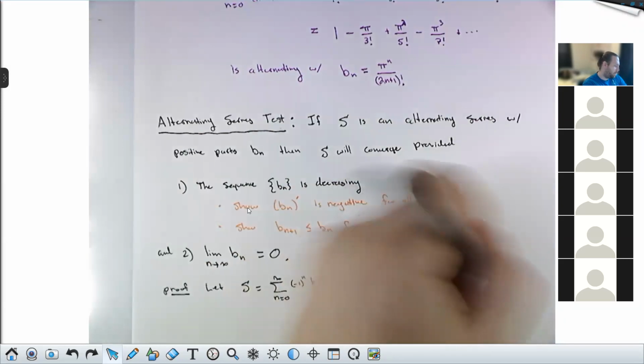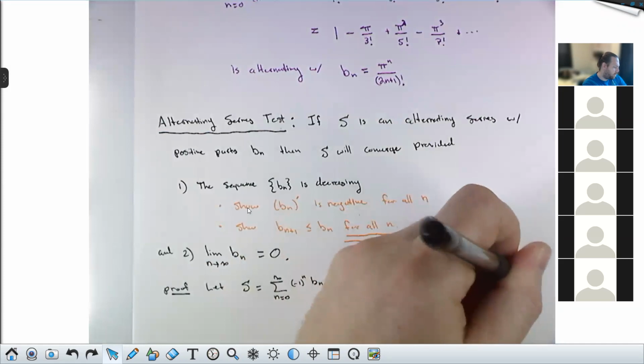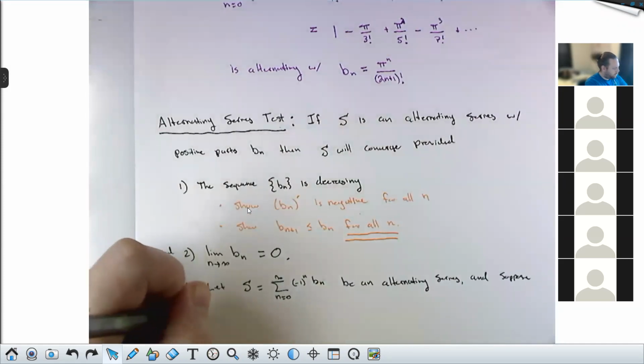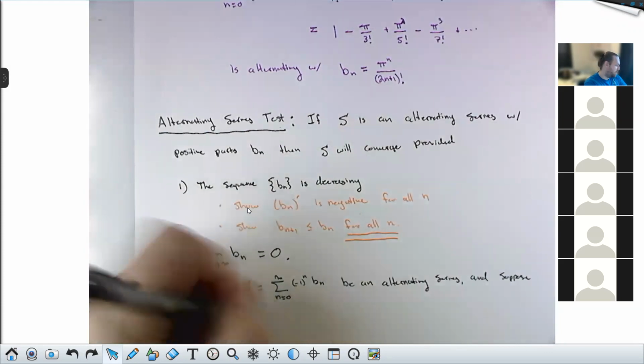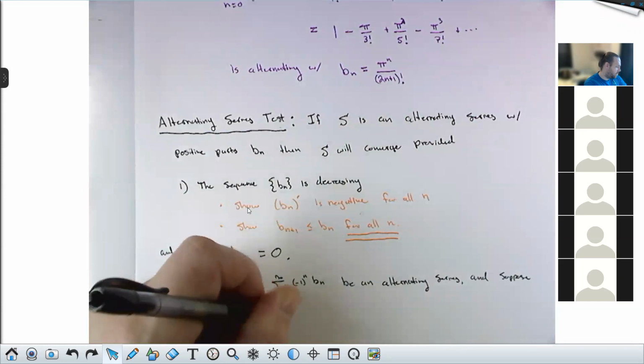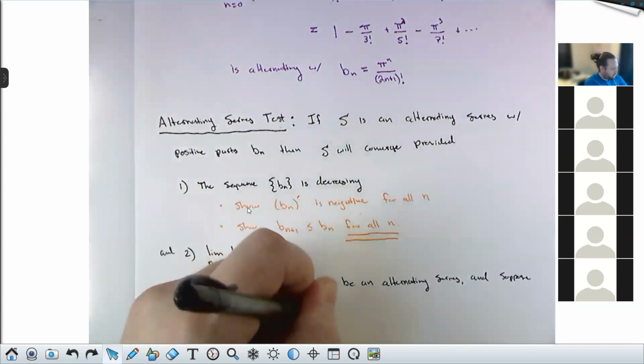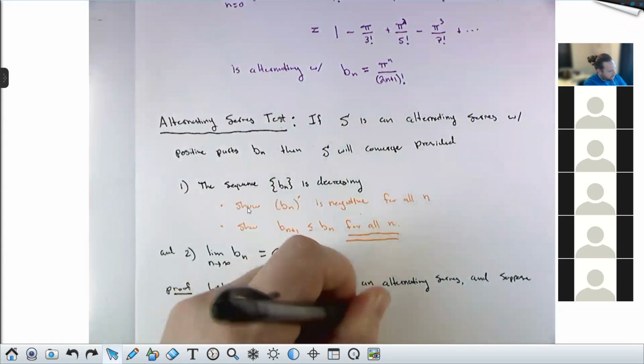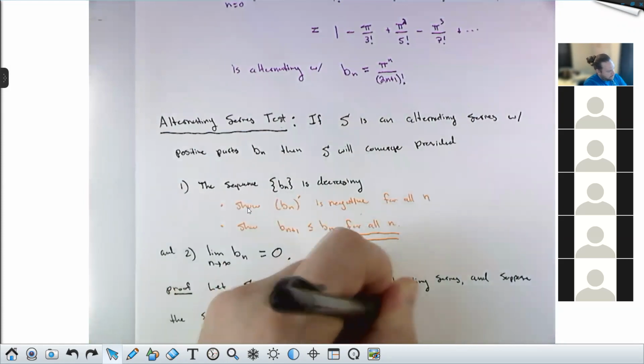And suppose that the Bn's are decreasing with the limit as n goes to infinity of Bn equal to 0.